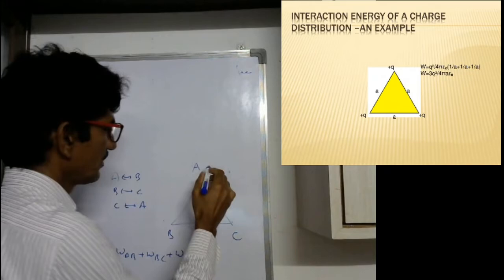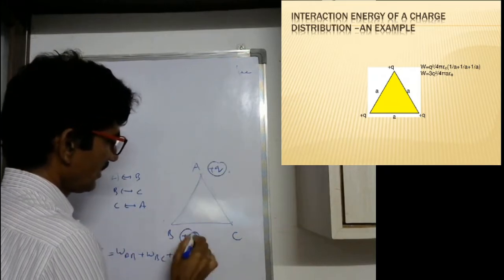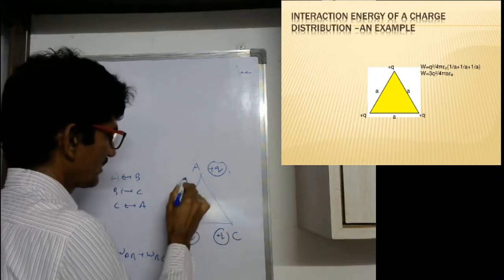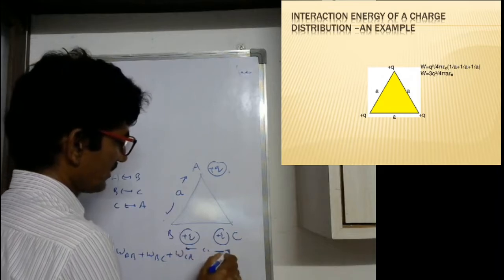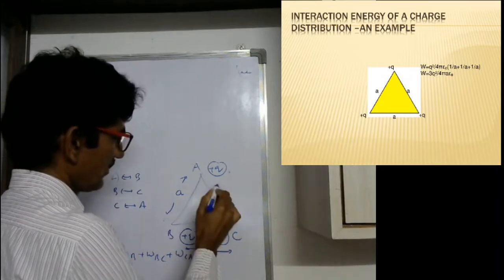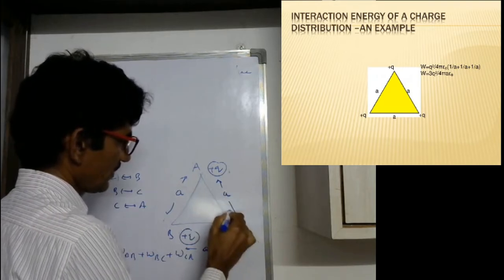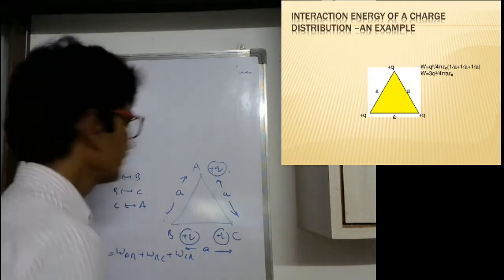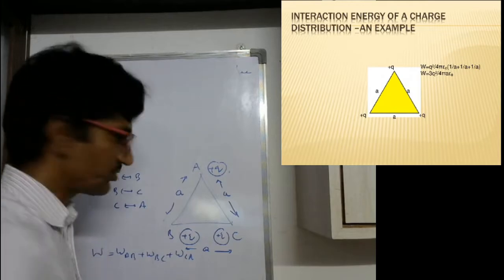Consider the charges at A, B and C. The distance between A and B is a, B to C is a, and C to A is also a. Now let us calculate WAB, WBC and WCA individually.